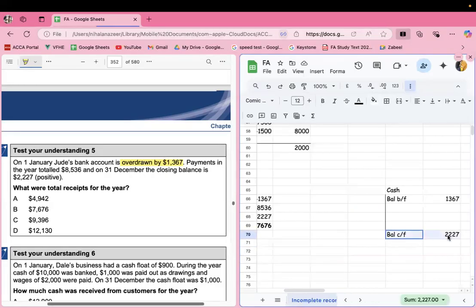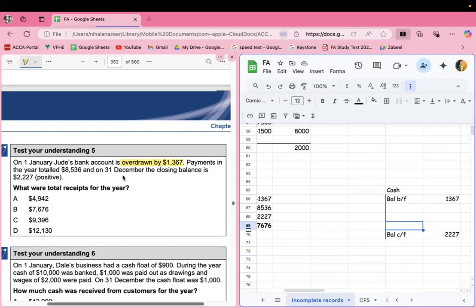If it is a negative balance, it would be here. Only then would it be the balance brought forward next year on the opposite side. You should not think from a carried forward perspective. Always think from a brought forward perspective.